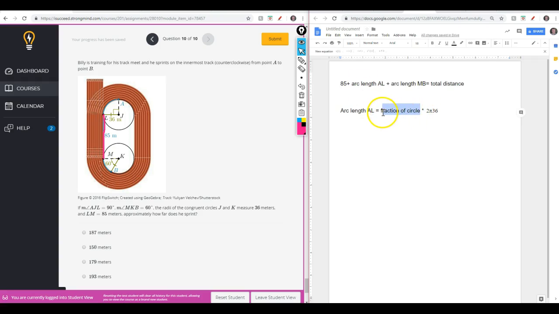Since we're talking about this circle, we're looking for the center angle AJL, which is 90 degrees, so the arc degree is also 90. So we have 90 divided by 360 times 2 pi times 36.